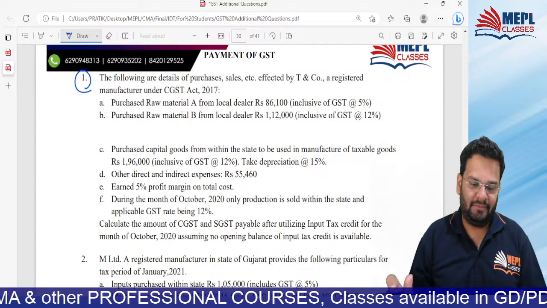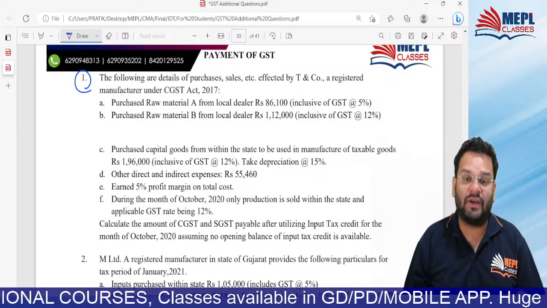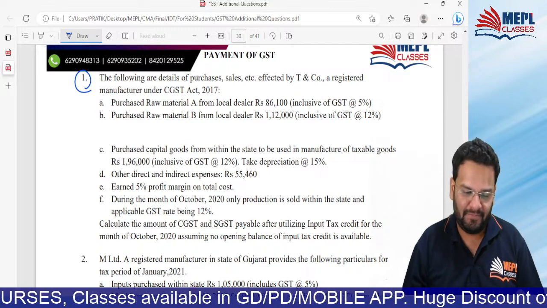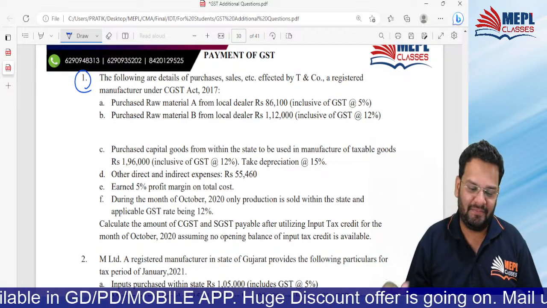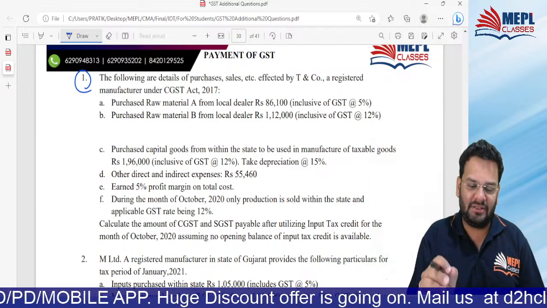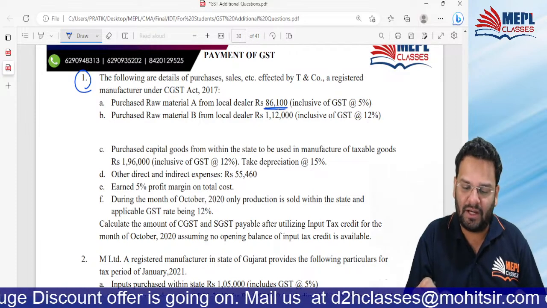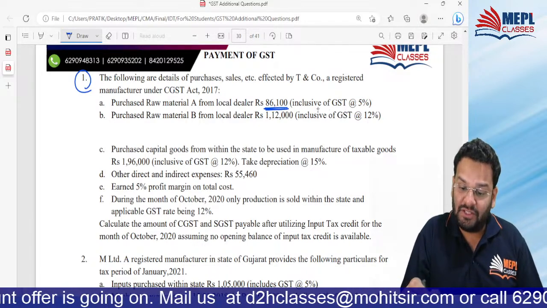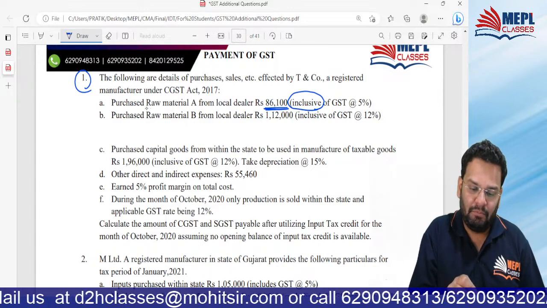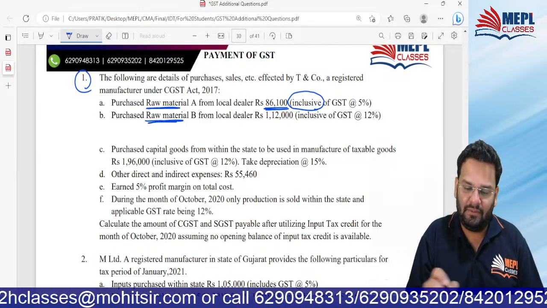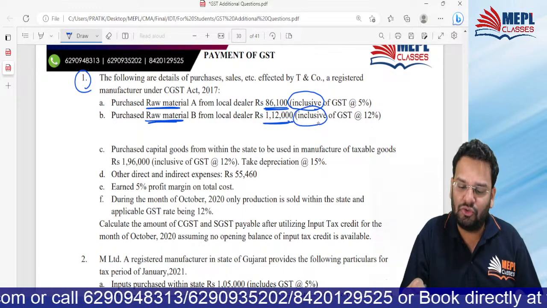So check. Following are details of purchase and sales effected by T and Company, a registered manufacturer under the CGST Act. Purchased raw material A from a local dealer for 86,100, which is inclusive of GST at 5%. Purchased another raw material for 1,12,000, which is also inclusive of GST.